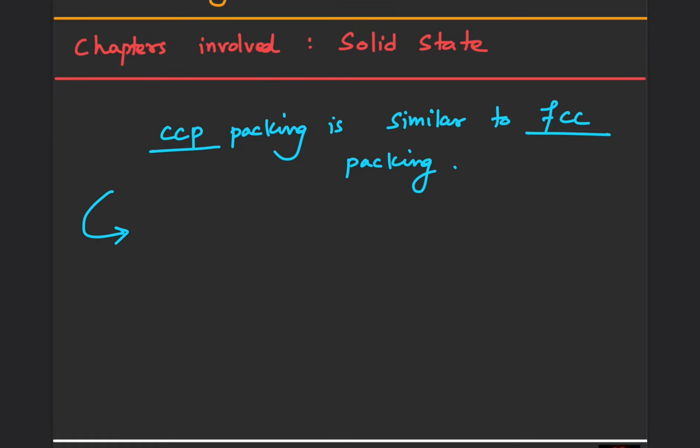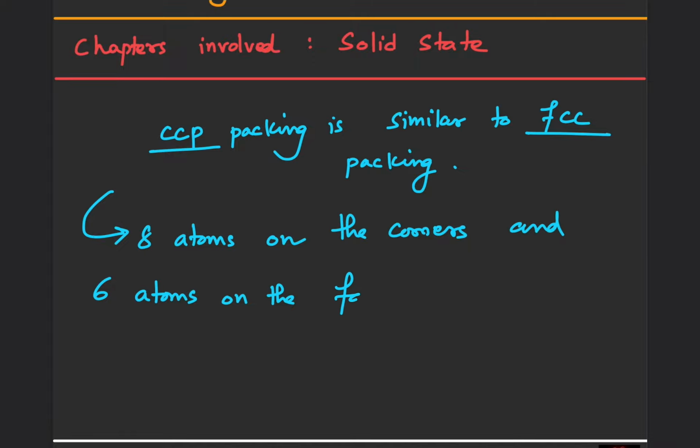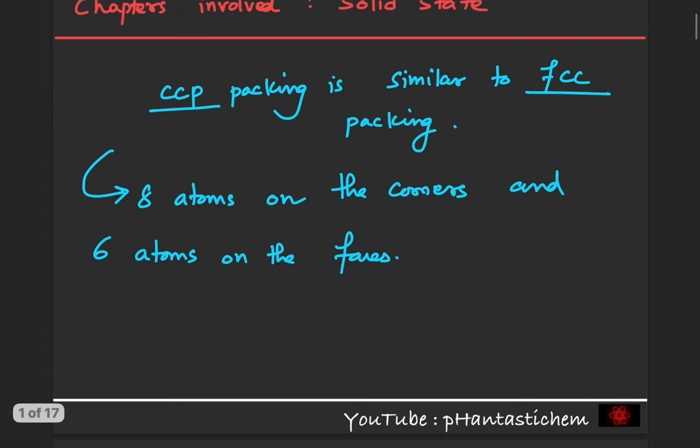So both of them contain 8 atoms on the corners and 6 atoms on the faces. Okay, and obviously one on each face, since there are total 6 atoms on the faces and 6 faces in a cube, so we have 1 atom on each face.